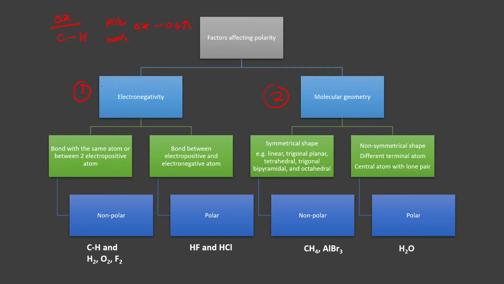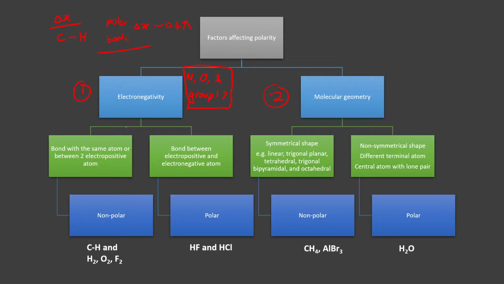More than 0.4, 0.6, 0.8, 2, 3, kita akan consider as polar bond. Boleh tak? Boleh. Okay. Another thing is, kalau dia bonded to element as such as nitrogen, oxygen, and group 17, it is most likely polar. Okay. Nitrogen, oxygen, and group 17 sampai around iodine lah macam tu.